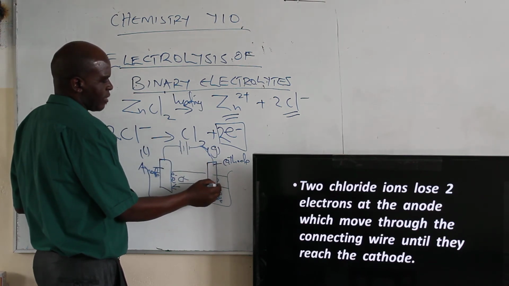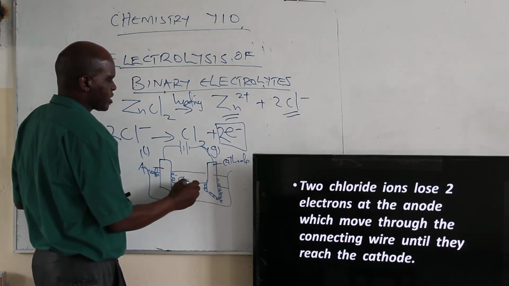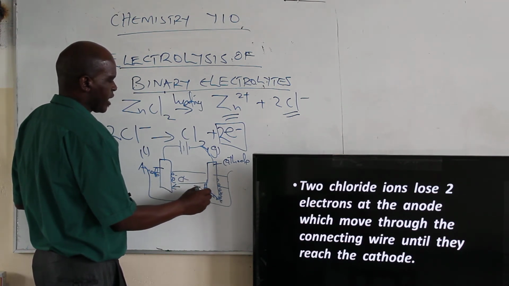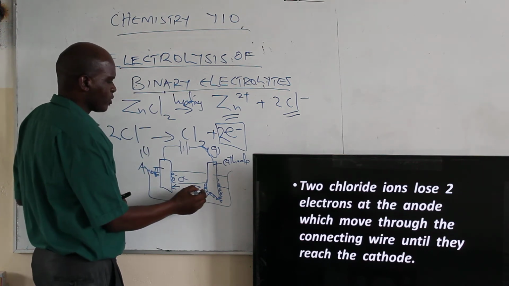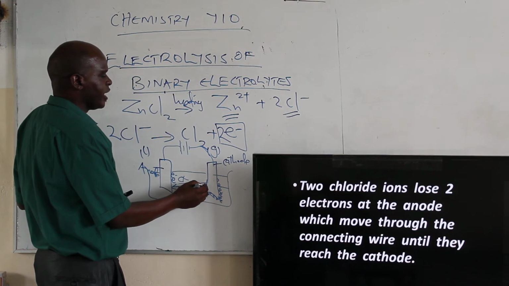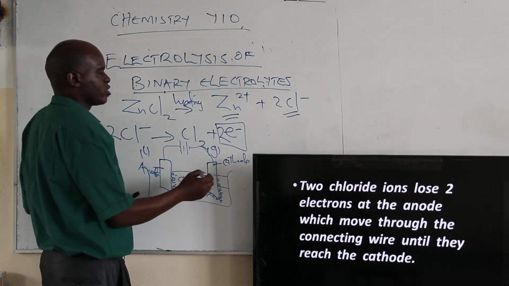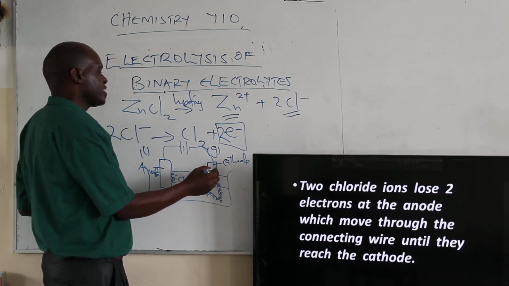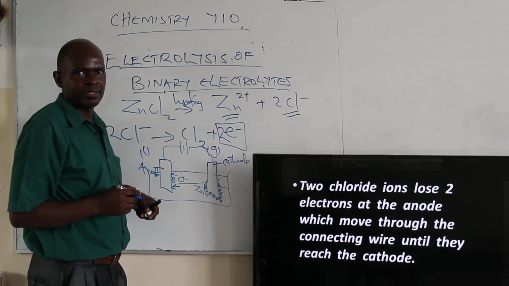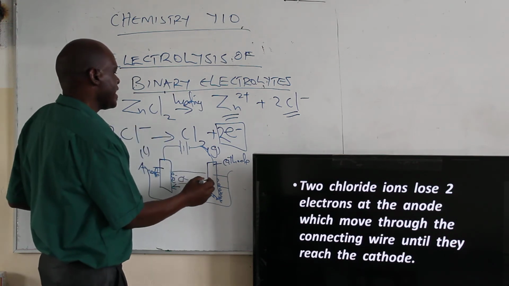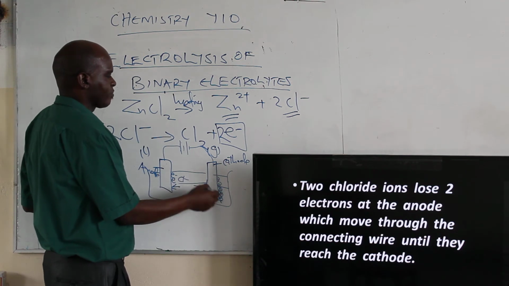Once they accumulate around the cathode, the zinc ions inside the electrolyte are positively charged, and therefore they quickly pick up 2 electrons. So that once they pick the 2 electrons, now they will be deposited on the cathode as zinc atoms. That means that the gray solid of zinc will accumulate around the cathode.